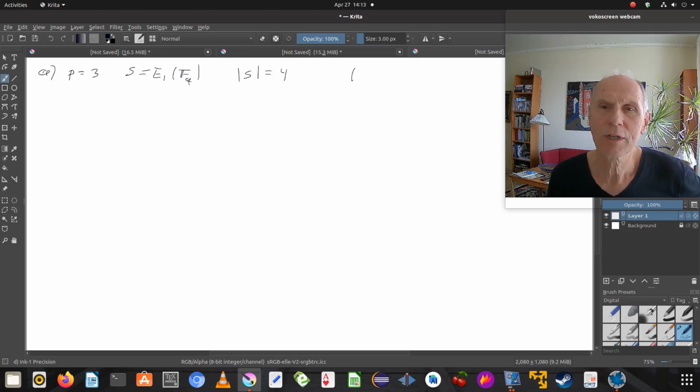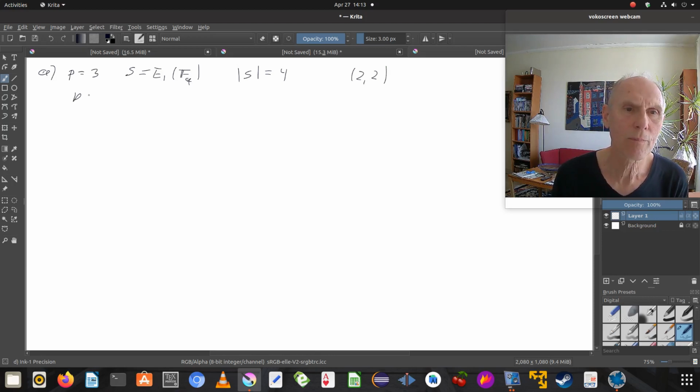So that must have type 2.2 to have 4 points of order 2. That's the first one where we need to compute the number of points, and I'll do that by hand, and then I'll do it in Maple, so it'll probably be difficult with some of the other primes, so I'll be using Maple for that.